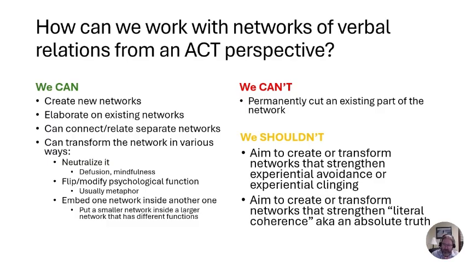So some of the ways we might want to do it is neutralize it, right? When we think about cognitions, we don't necessarily want to say, tell me your cognition. Okay, let me fight cognition one. Okay, what's cognition two? Let me fight cognition two. What we want to do is say, cognitions are just what the mind does. And we're just going to notice what the mind is doing and not necessarily engage with it.